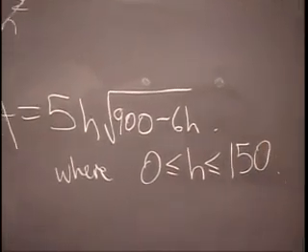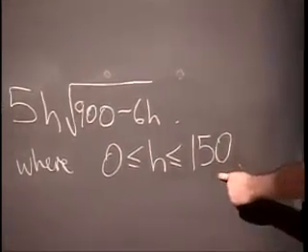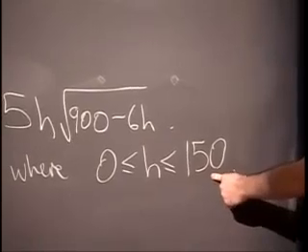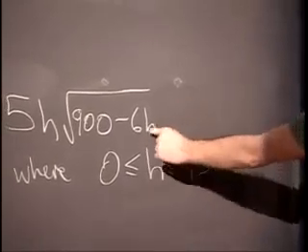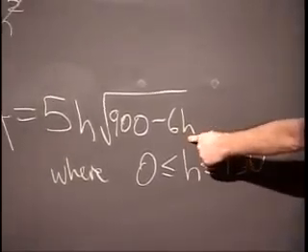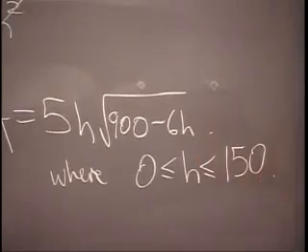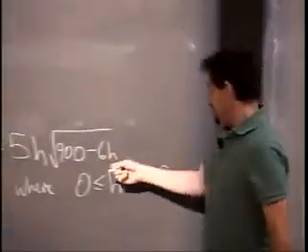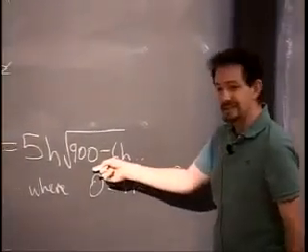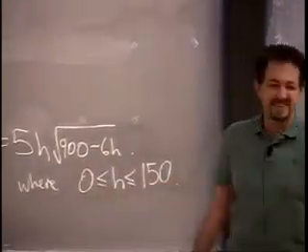By the way, a comment about this. If h was bigger than 150, this square root, if you think about it, 6 times 150 is 900. So if h was bigger than 150, you'd be taking the square root of a negative number. That's clearly not reasonable. h actually could be less than or equal to 0, in which case this would make sense, but it doesn't make much sense to have a negative length of fence.